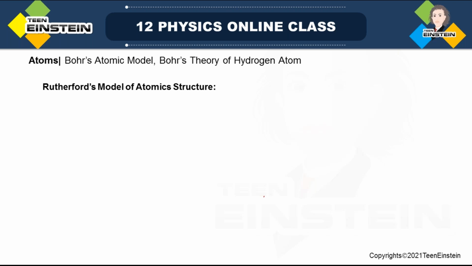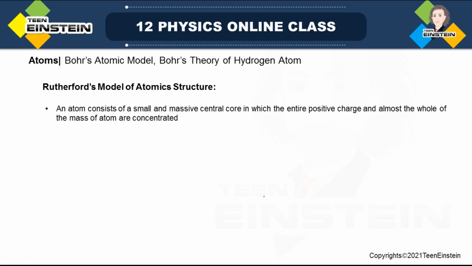So he put together Rutherford's atomic structure and the quantum concept, and then he gave a model which was able to explain certain things which Rutherford was not able to. Okay, so I'll just tell you what are the postulates or the points in the Rutherford model first, and we'll recap briefly what were the limitations in Rutherford's model, so that Bohr had to propose another, better model.